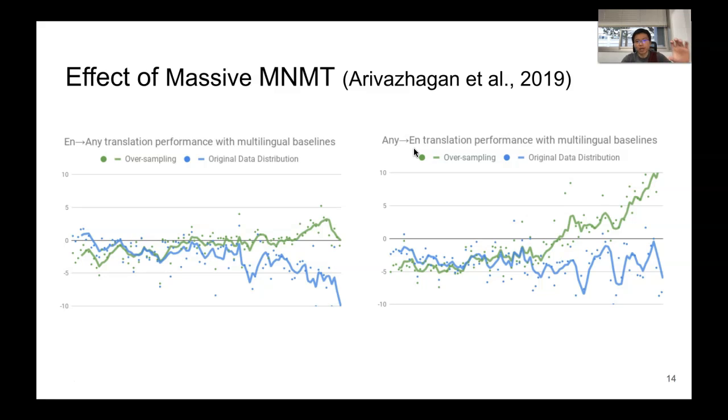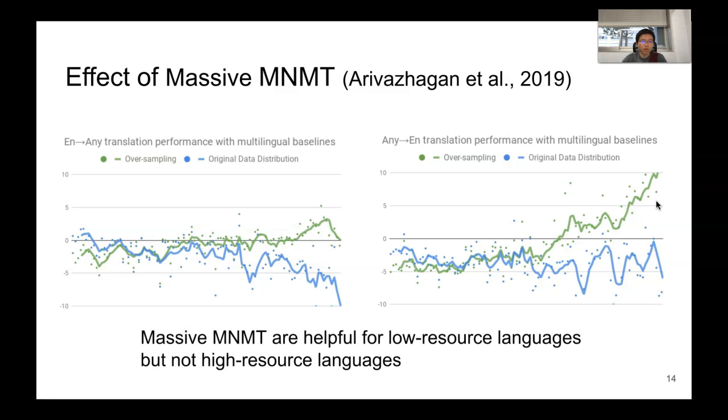From other languages to English, for the low-resource ones, if we do oversampling, it improves extremely, right? For the lowest-resource ones, it can improve by around 10 BLEU points. This is a very big improvement. So the observation from this experiment is that the massive MLMT is helpful for low-resource languages, but not high-resource languages.